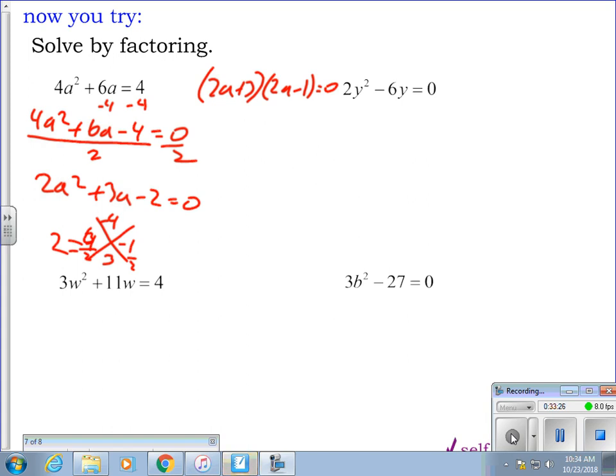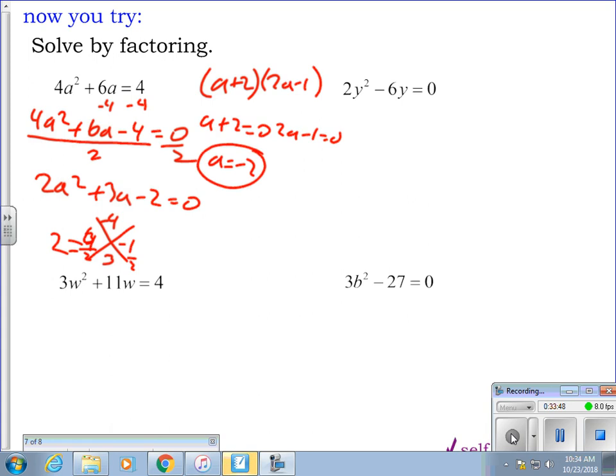My bad. So this is not right. I knew that couldn't be right. It would be 4 and negative 1, not 3 and negative 1. So I end up with a plus 2 and 2a minus 1. And so I get a plus 2 equals 0, 2a minus 1 equals 0, a equals negative 2, and a equals positive 1/2.